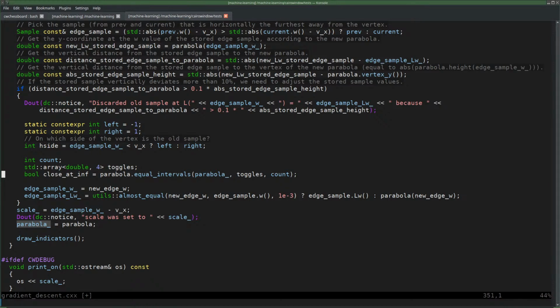Yeah, so now what? You want to find the next toggle in the direction of the vertex.